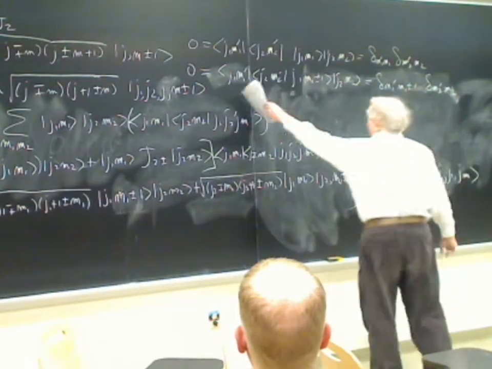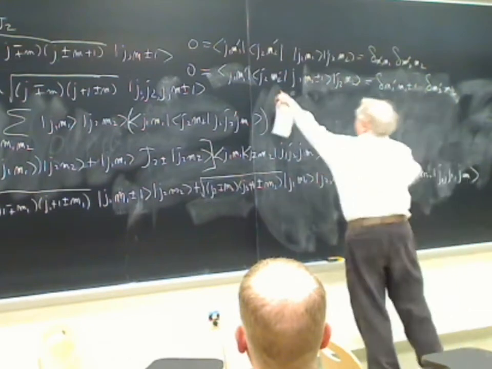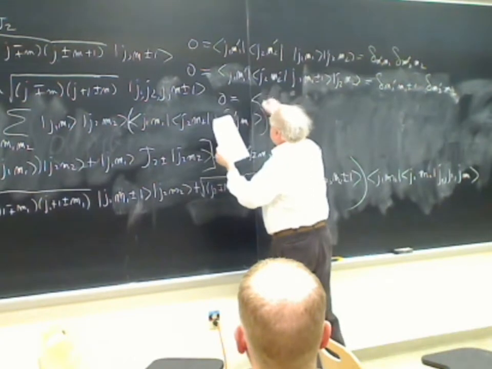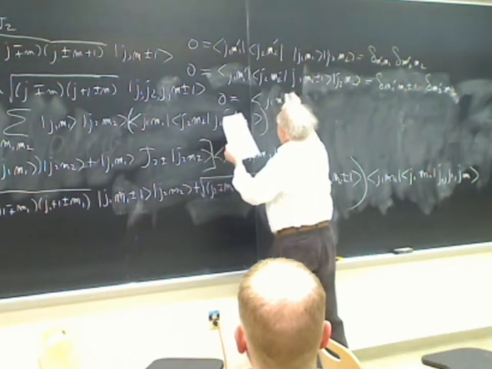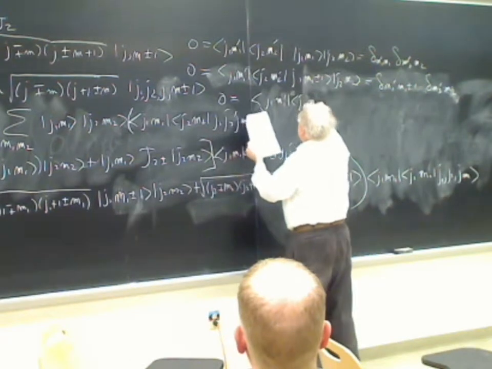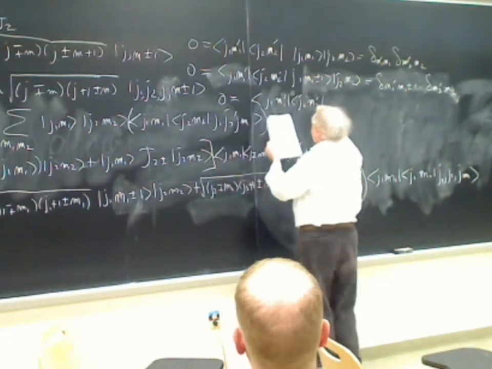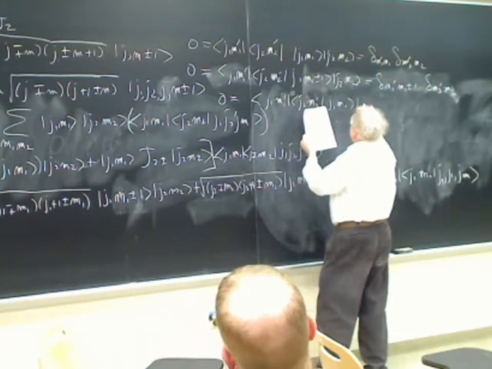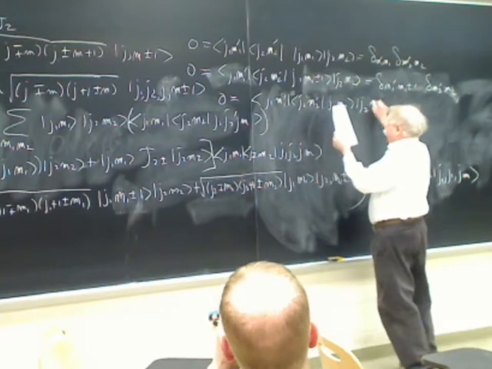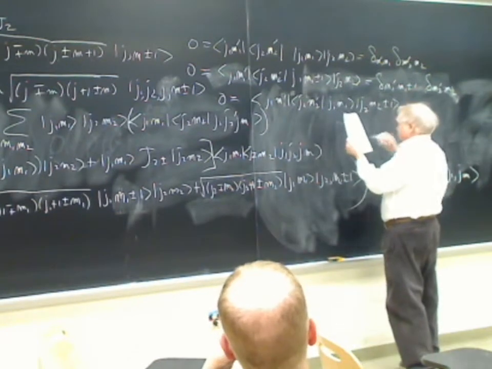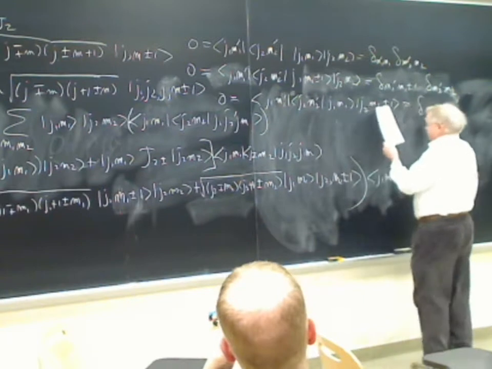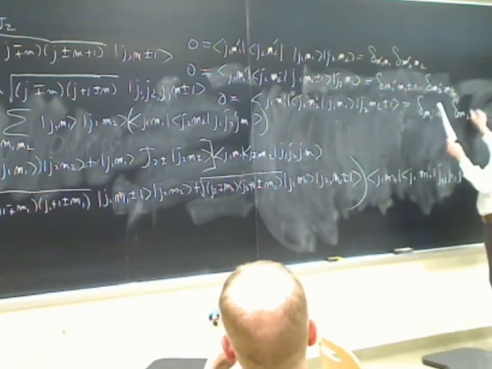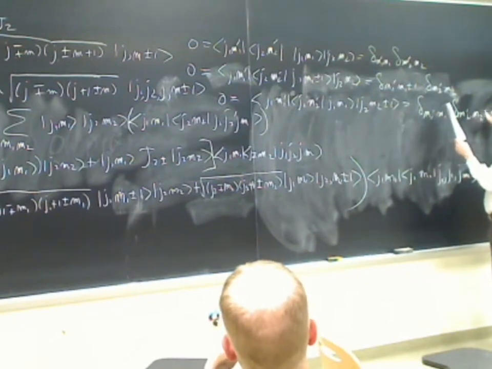Yeah, m1 prime has to be m1 plus or minus 1, m2 prime has to be m2, and the other one is 0 is j1 m1 prime, j2 m2 prime on j1 m1, j2 m2 plus or minus 1 is delta m1 prime m1, delta m2 prime m2 plus or minus 1.